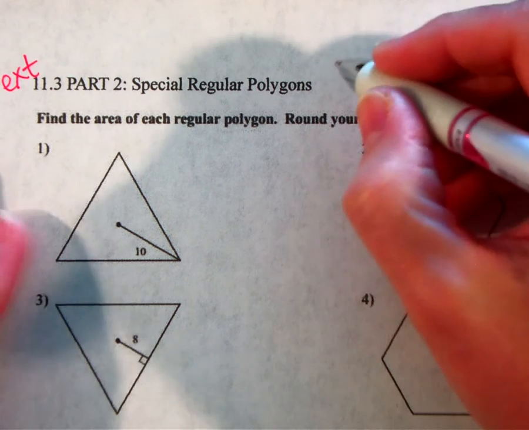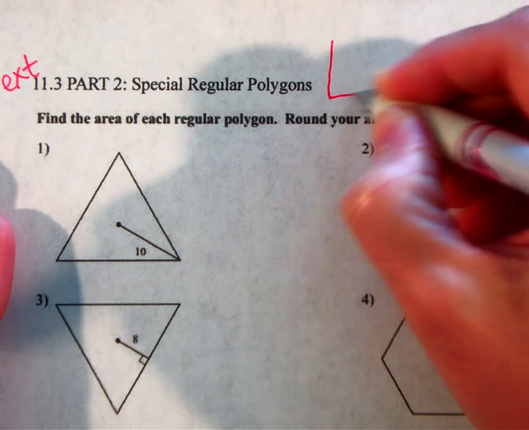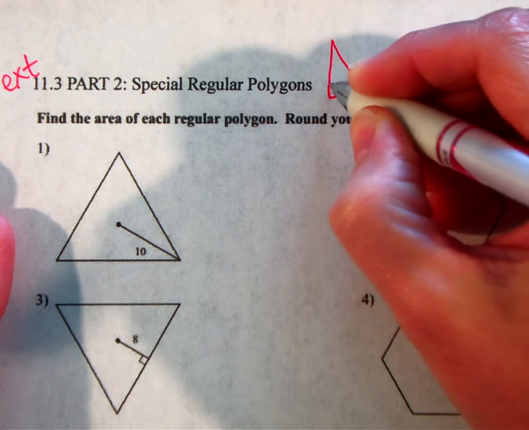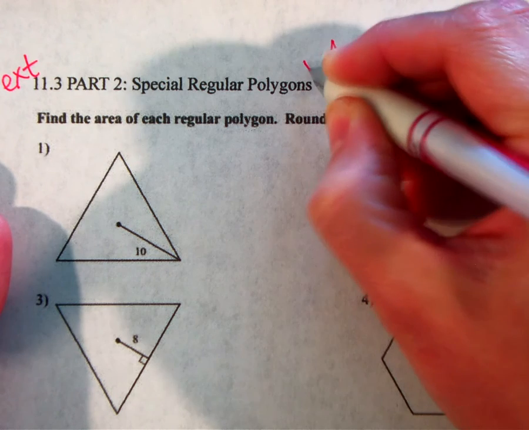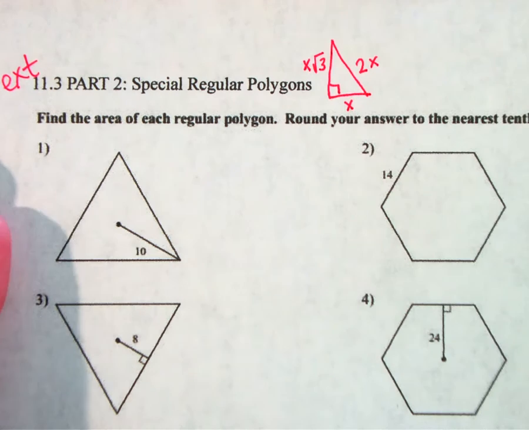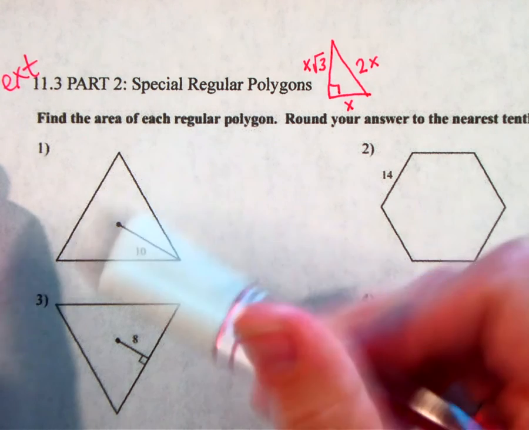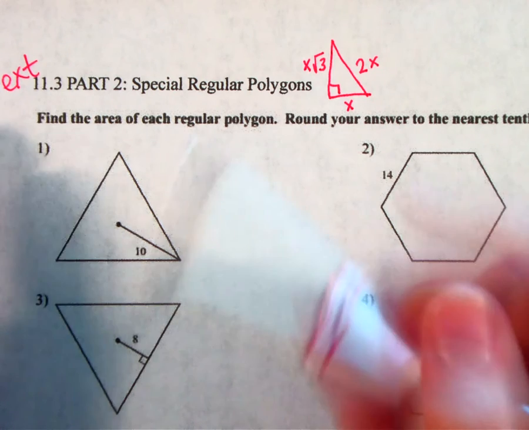Within all of these, you have a 30, 60, 90 right triangle or a 45, 45 right triangle. So let's remember the 30, 60, 90 right triangle, which would be x, 2x, and x root 3. On this one, it's an equilateral triangle because these are all regular polygons.